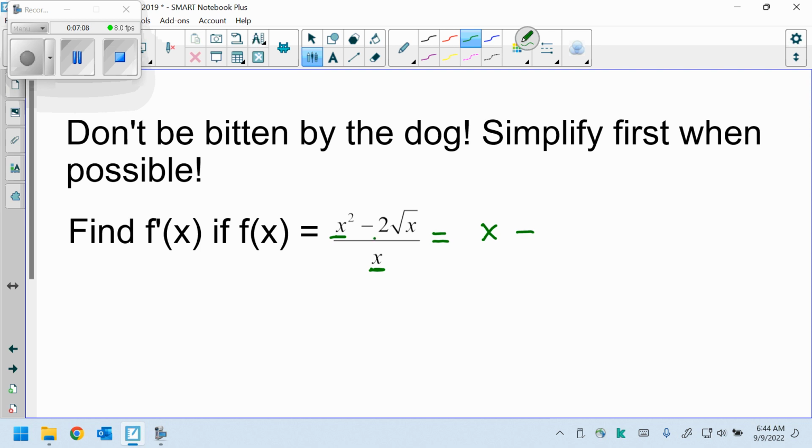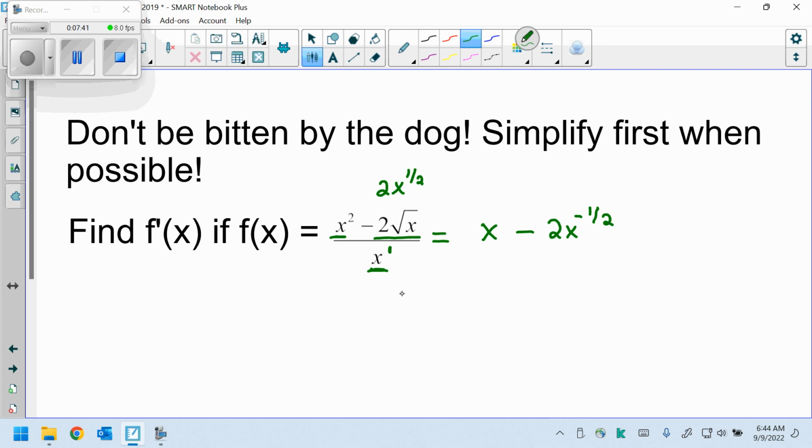Minus, what's 2 square roots of x divided by x? Think of this as 2x to the half divided by x to the 1. And when we're going to simplify this, I guess I got to subtract those exponents, and the one on bottom's bigger. So I think this is going to be 2x to the negative half.